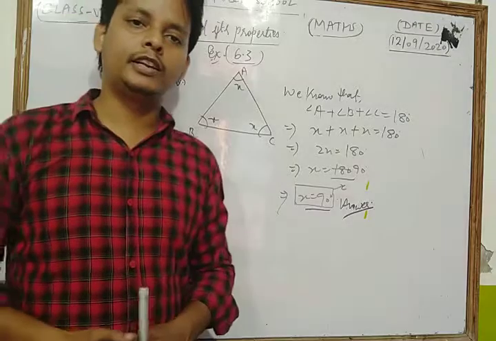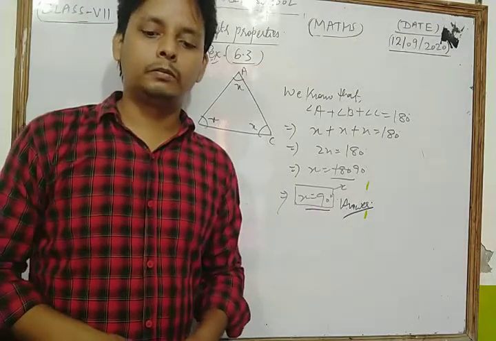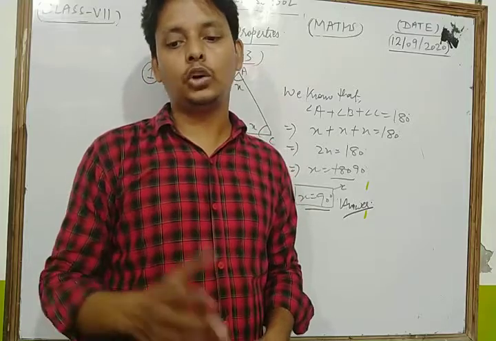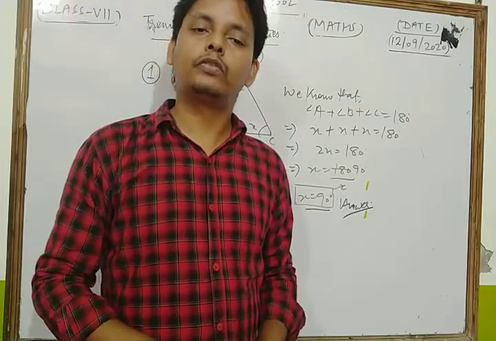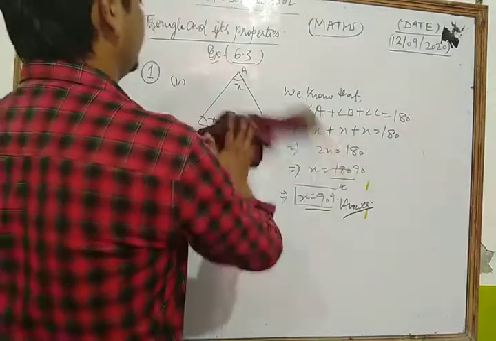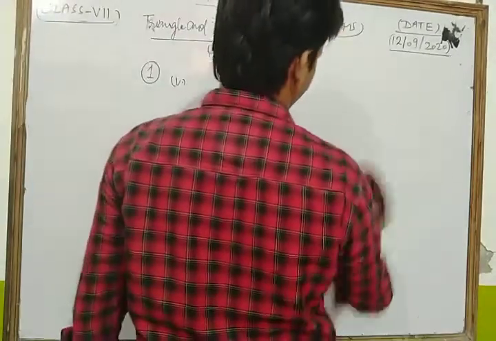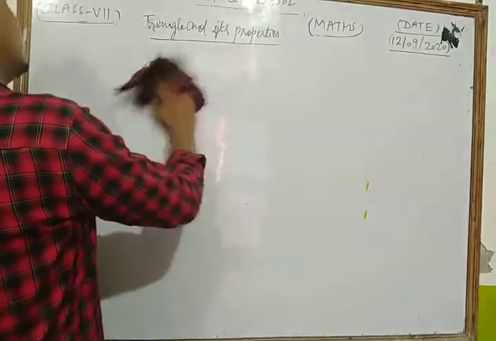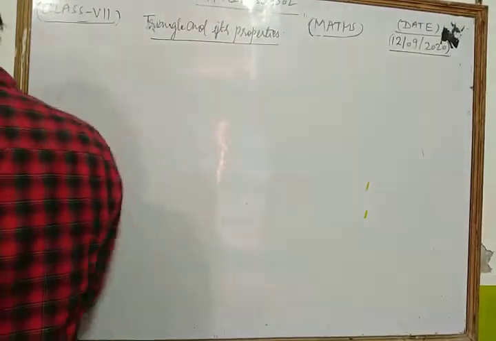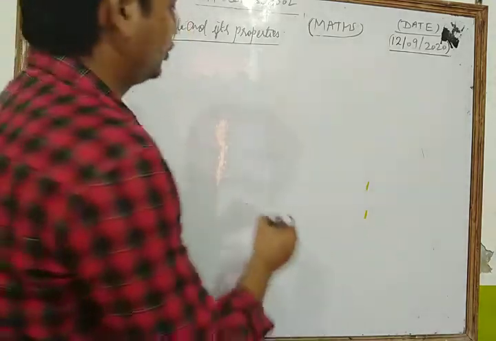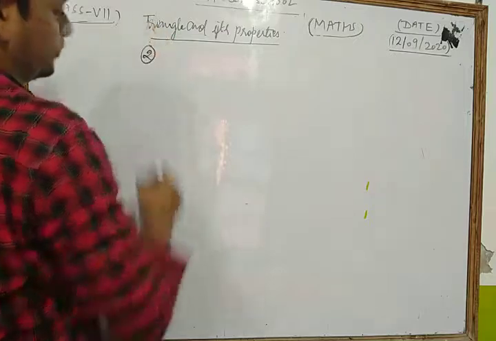Thus, in this way, dear students, you complete all the questions of your exercise 6.3. Now we take the second question of this exercise and solve it. Let's see. And your second question is what?